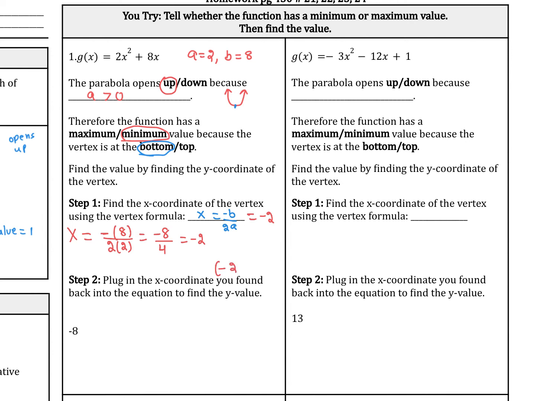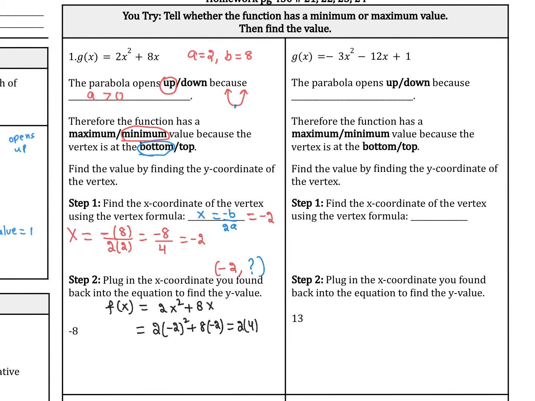Once you find the x coordinate, you're going to look for the y coordinate. To find the y coordinate, you're going to use your given equation, and in the given equation, you use the x value as negative 2 and solve.